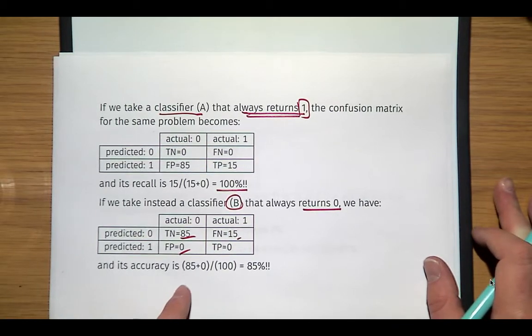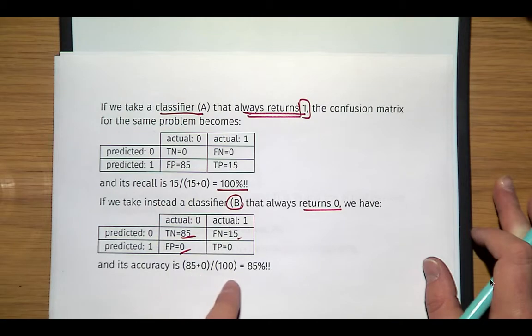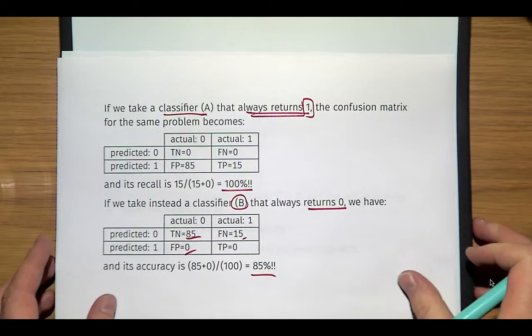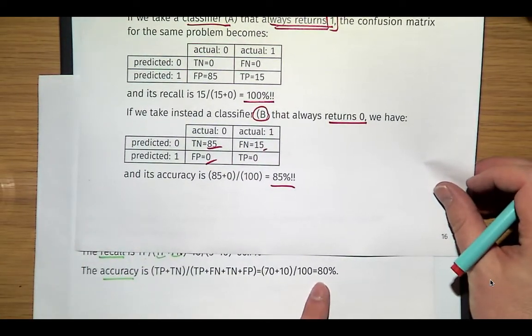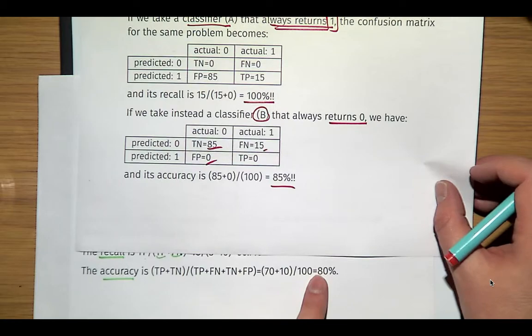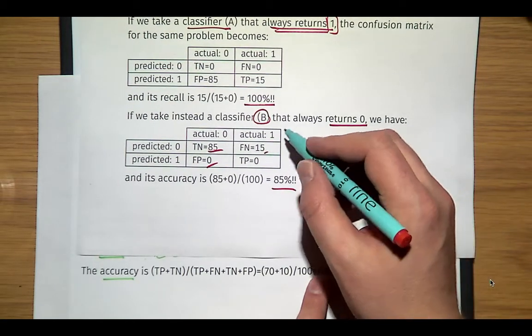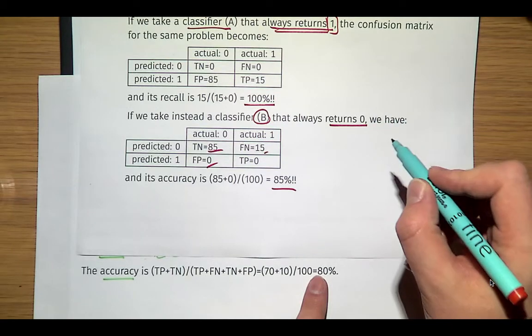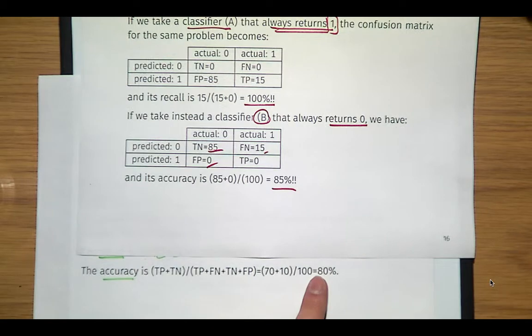And when you look at the accuracy, which is the sum of these two cells divided by 100, you see you have 85%, which is higher than what you had in the previous classifier. So even though this classifier is really stupid, you still manage to get a very high accuracy.